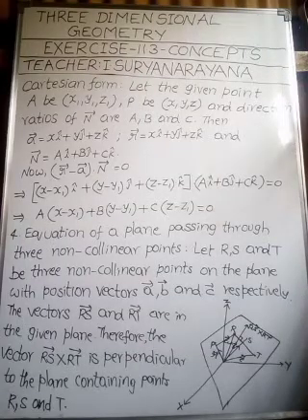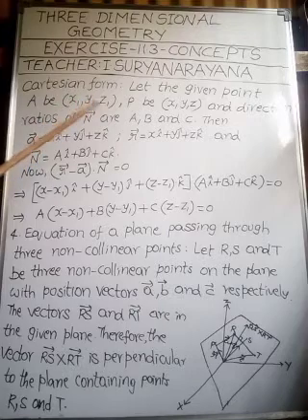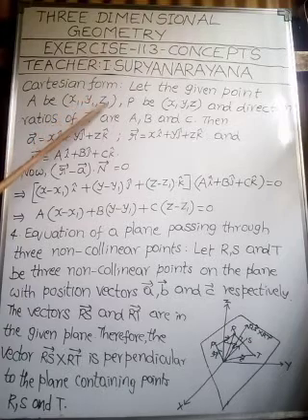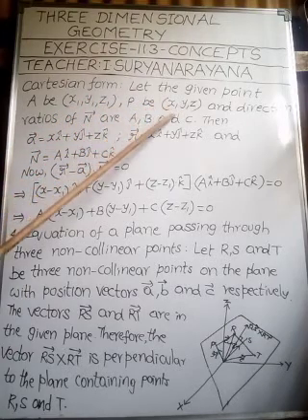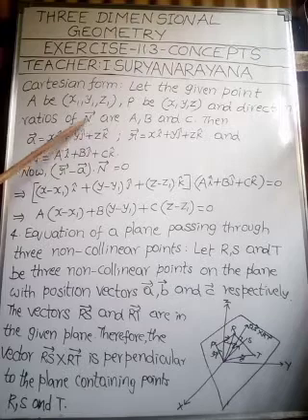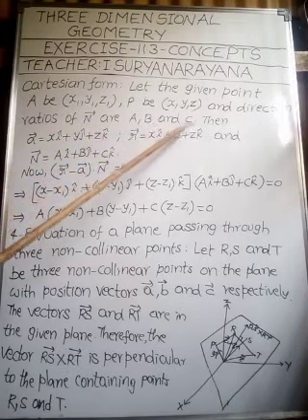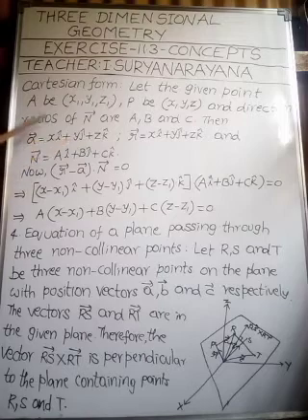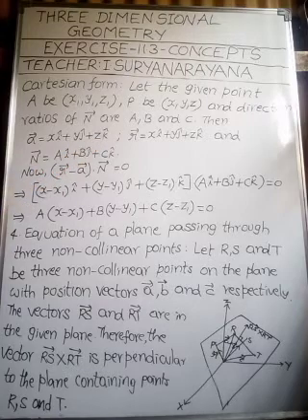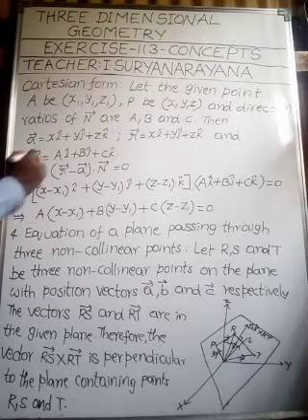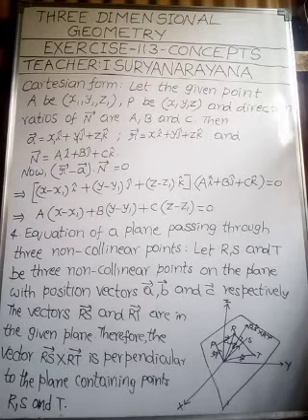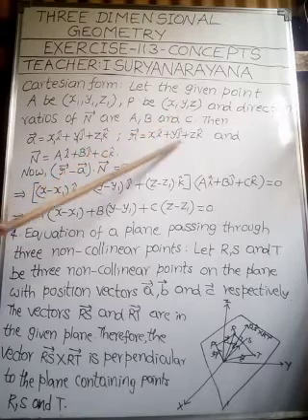Let the given point A be the ordered triplet (x1, y1, z1) and P be the ordered triplet (x, y, z), and the direction ratios of the vector n bar be capital A, B and C. Then a bar can be written as x1 i cap plus y1 j cap plus z1 k cap. Now, r bar can be written as x i cap plus y j cap plus z k cap.